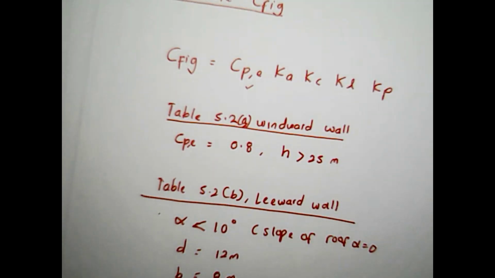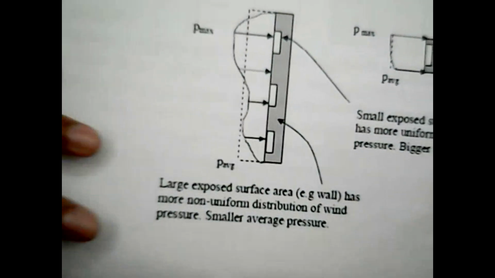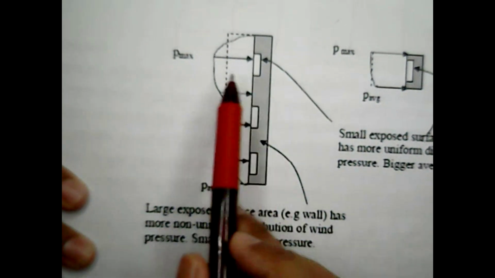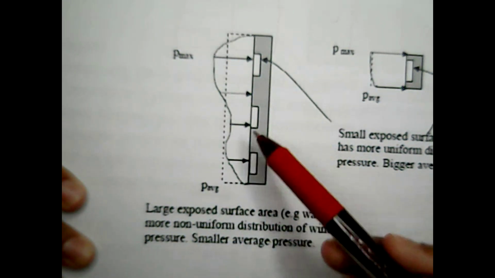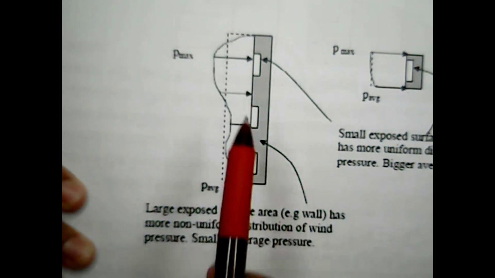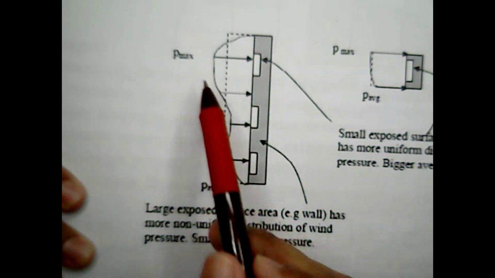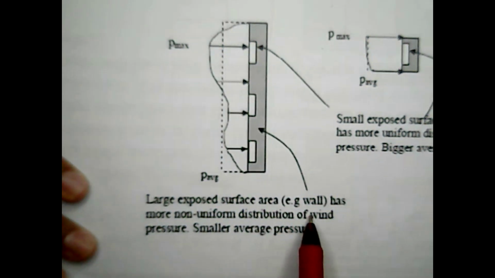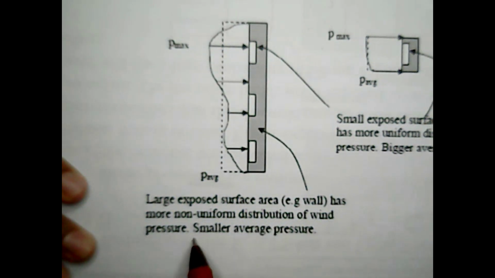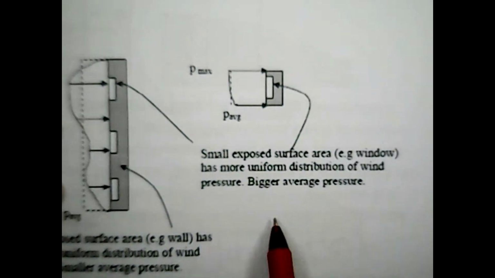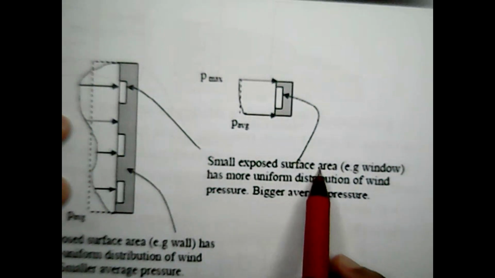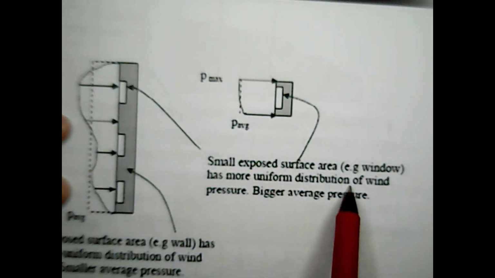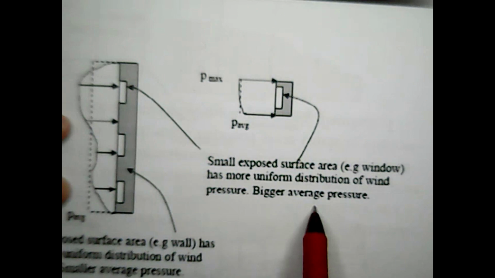So what I'm trying to say here, if you look at this figure: a large exposed surface area, for example a wall, has more non-uniform distributions of wind pressure, with smaller average pressure. But when you have a small exposed surface area, for instance only the window, it has more uniform distributions of wind pressure, which is bigger average pressure.